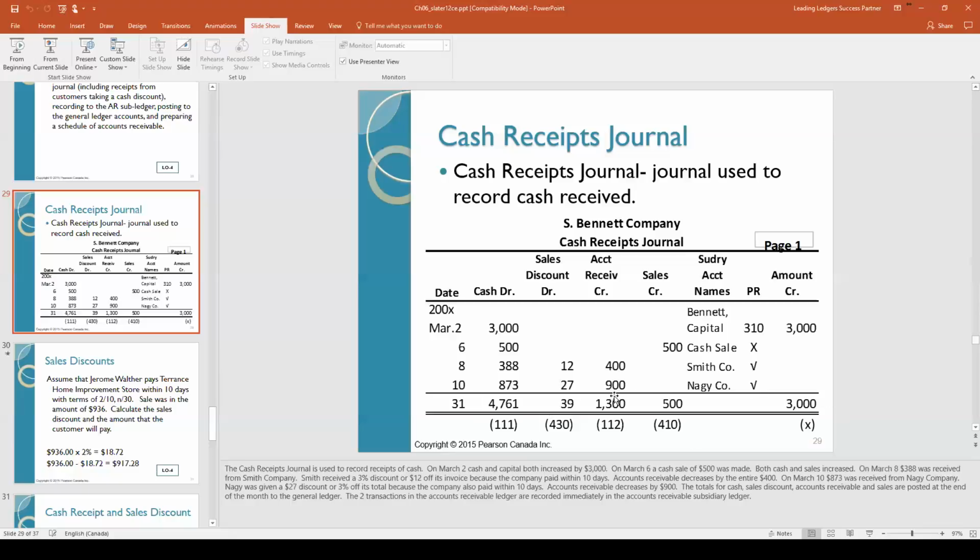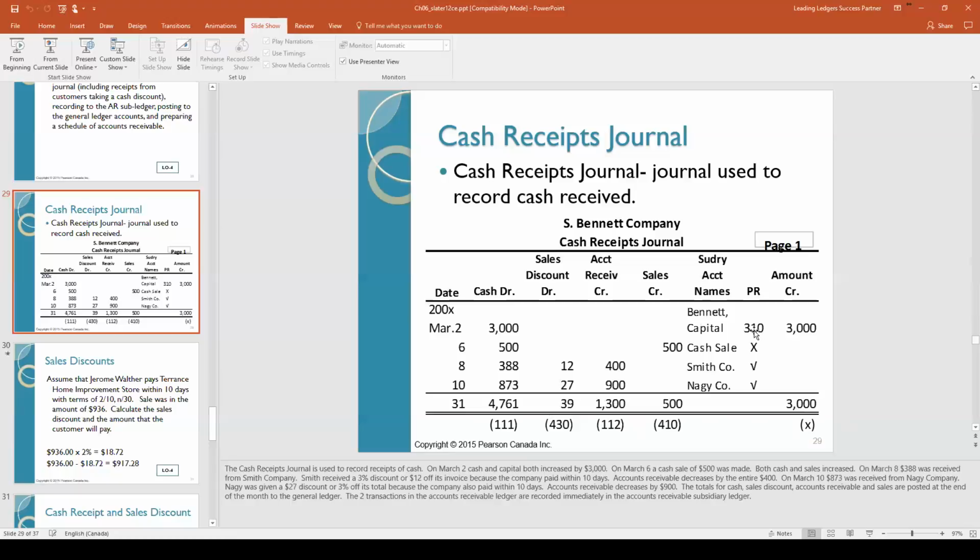Then I add up my three credit numbers. I add them together, I get 4,800. Debits equal credits, 4,800 and 4,800. Do that whenever you're doing this stuff before you start posting the totals. This will save you a lot of time in the end as well.